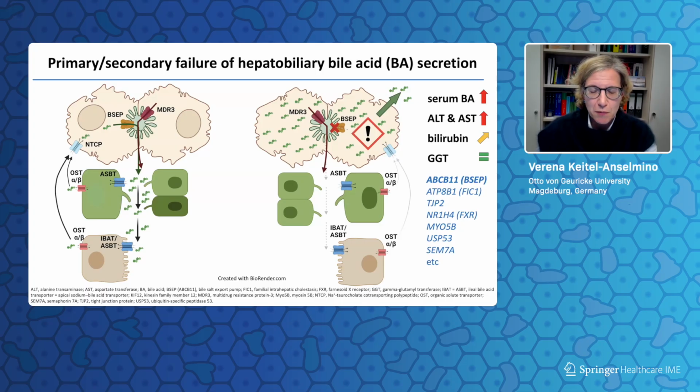And this is something that we forget in the adult population. If we think about cholestasis in our guidelines, it's always elevated ALP and gamma GT, but we are missing this portion of patients that actually have a hepatitis-like picture as in this primary or secondary failure to secrete bile acids.